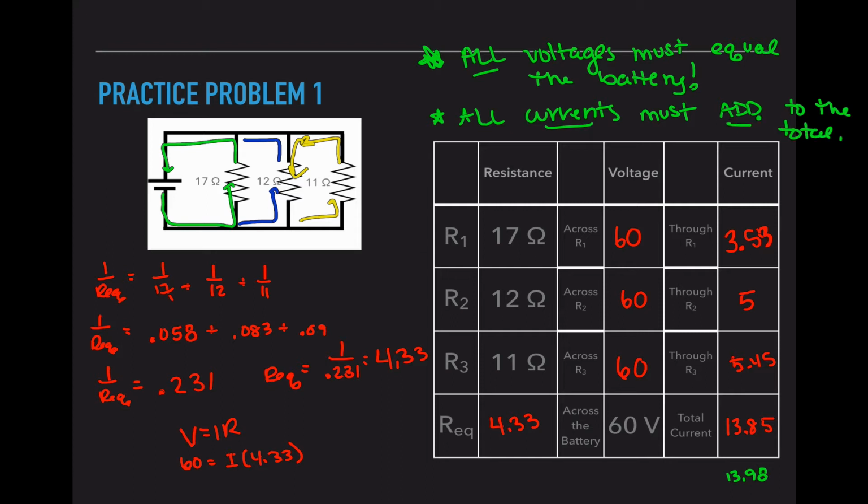If my total current is 13.85, I must have a portion of that traveling through the first resistor, the second resistor, and the third resistor. So my individual currents must add up to the total. These are actually backwards compared to series circuits. We said the exact opposite when it came to those. So keep in mind that these are going to be treated a little bit differently.